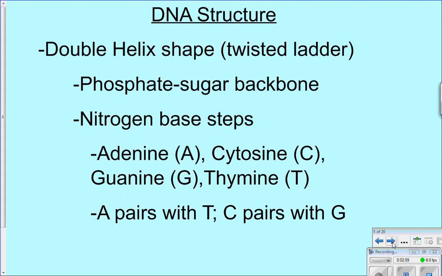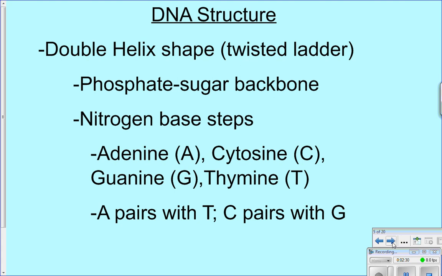The structure of DNA is called a double helix. It's like a twisted ladder. You'll make a DNA model with your marshmallows. On the outside or the sides of the ladder is phosphate and sugar. That's called the phosphate sugar backbone. And then the steps of the ladder are nitrogen bases.